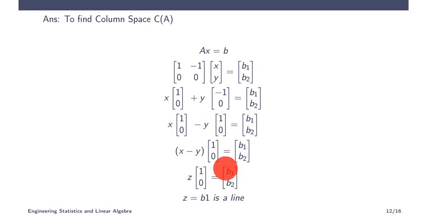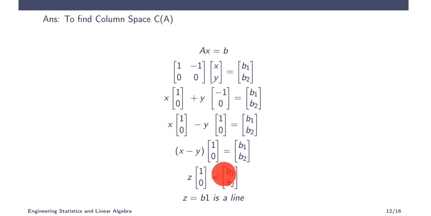So what values can it take? Z into 1 and Z into 0. Z into 0 is 0. So B1 can take any value as Z takes, but B2 is always 0. So (Z, 0) or (B1, 0) is the subspace spanned by the vector (1, 0). So it is the column space of (1, 0).